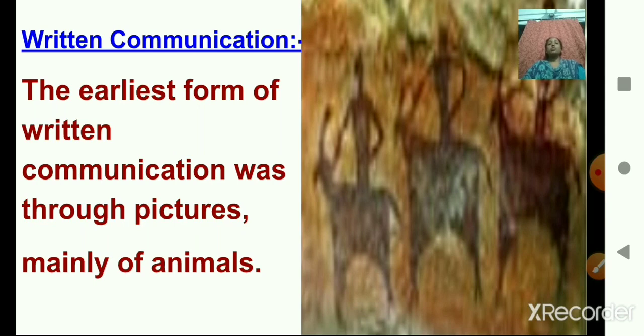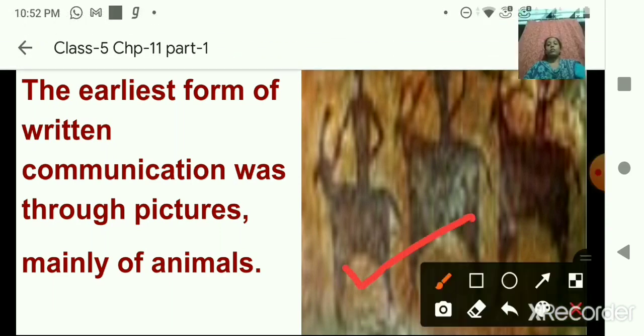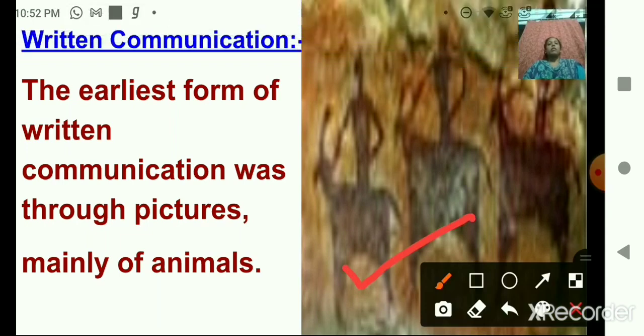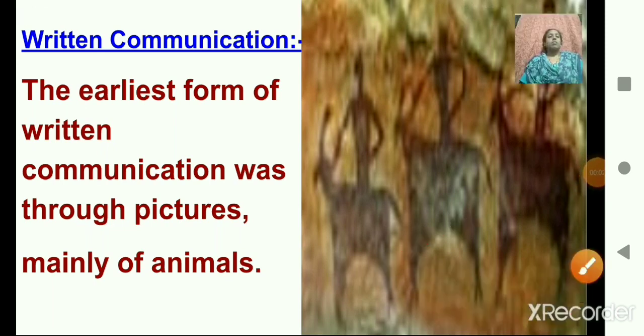If you see written communication, the earliest form of written communication was discovered through pictures, mainly pictures of animals, as we can see here on the screen, which were found on the walls of the caves.